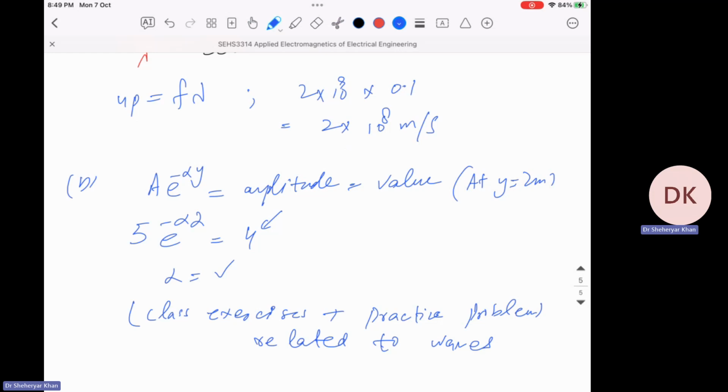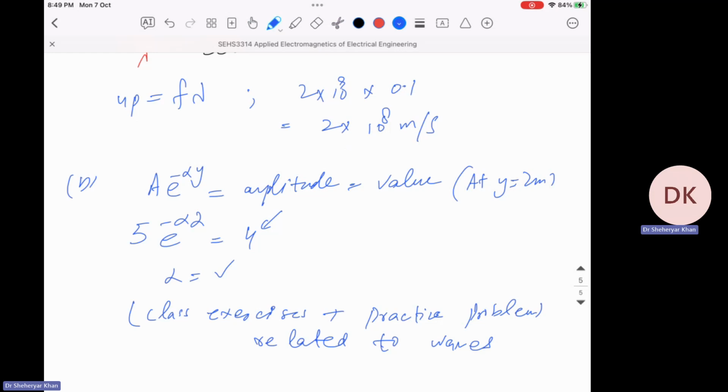So you are given data at 2 different locations. The first equation at 10 gives A e raised to the power minus 10 alpha, amplitude is 98. If you want to solve equation 1, the data is not complete because A is not given. But you are given another data point, 81.87 at 100 meter.